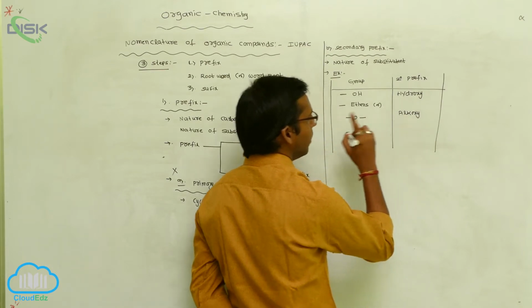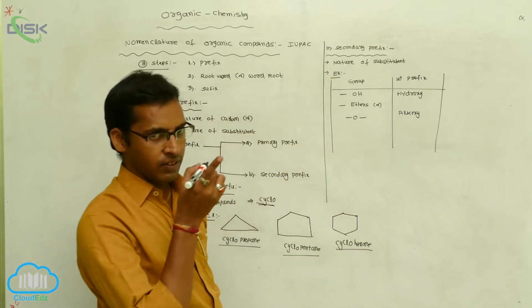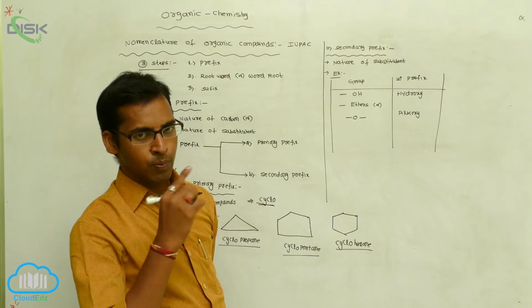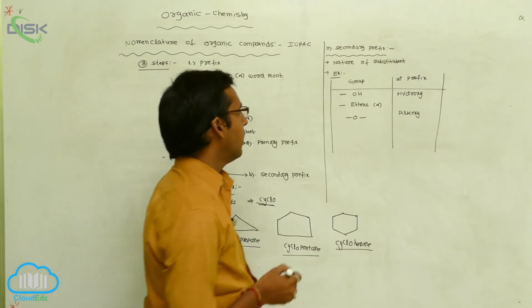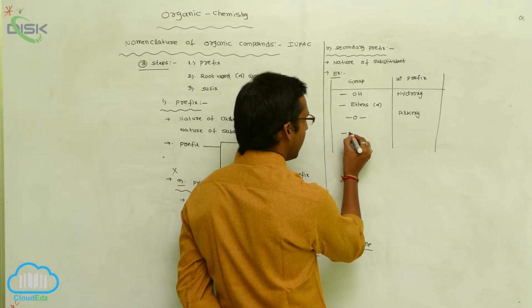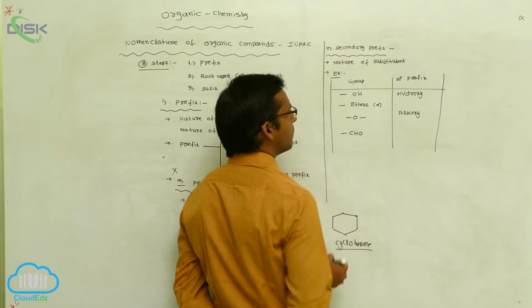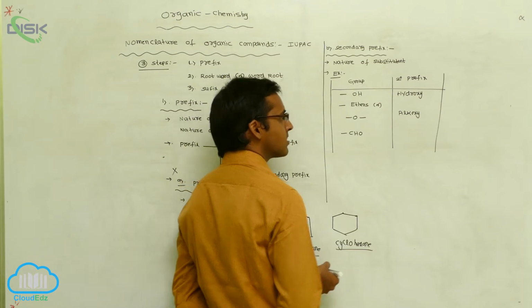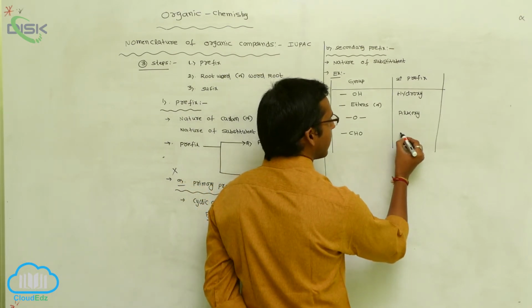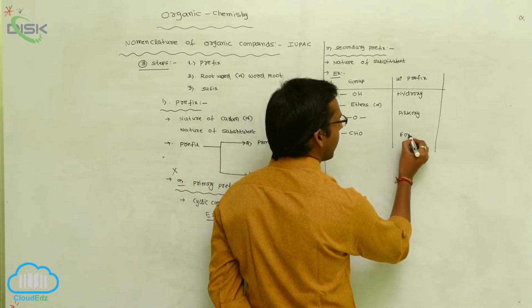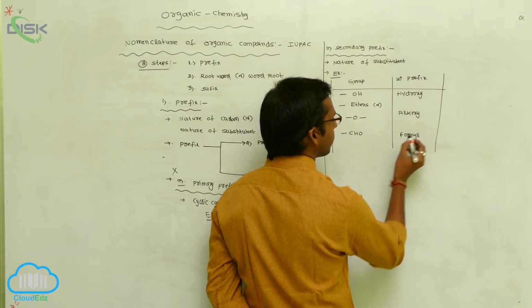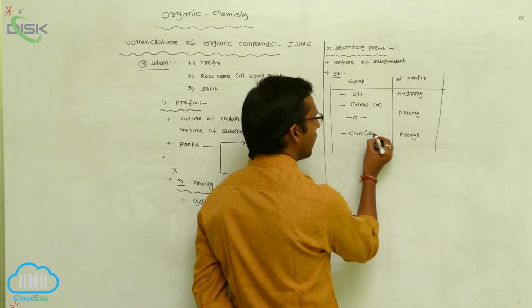For example, oxygen attached to a methyl group is methoxy, propoxy, butoxy, like that. If the aldehyde group CHO is present, its secondary prefix is formyl.